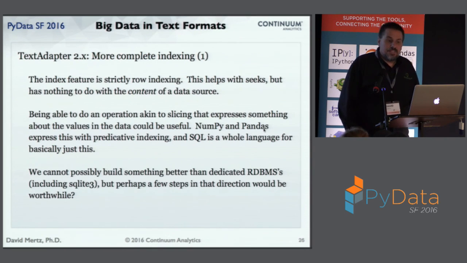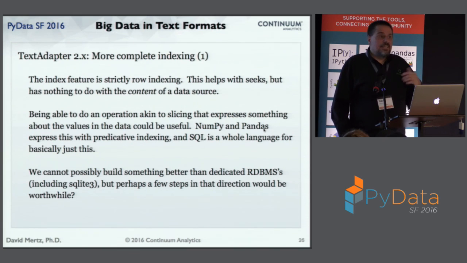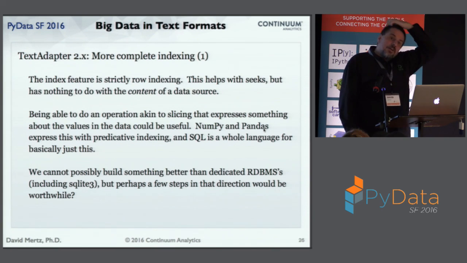So one of the things is that the indexing that I just showed you is very limited. It's just an index into the various positions of the rows, which allows a fast seek into something that's much later, but it's not database-style indexing where I actually want to index on numbers or string values or things like that. And we could do that.